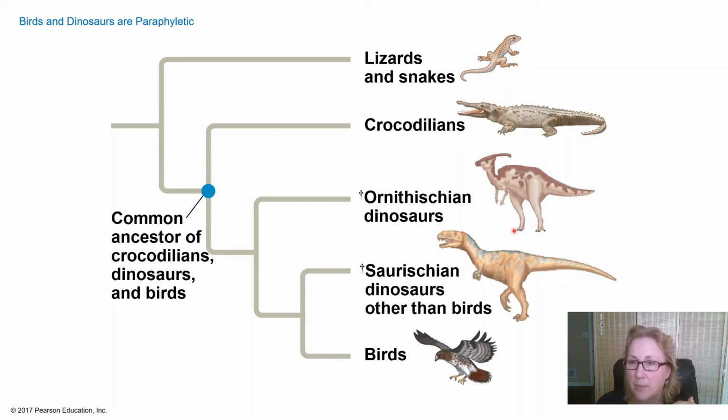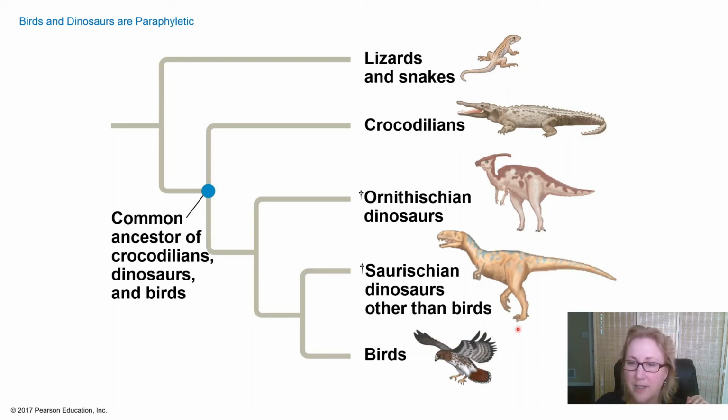So this is a problem: the common ancestor is included here, but birds are not. Birds have their own order, Aves. So it's paraphyletic, and that's not ideal, but if birds weren't a well-known order, this probably would have been fixed a long time ago.